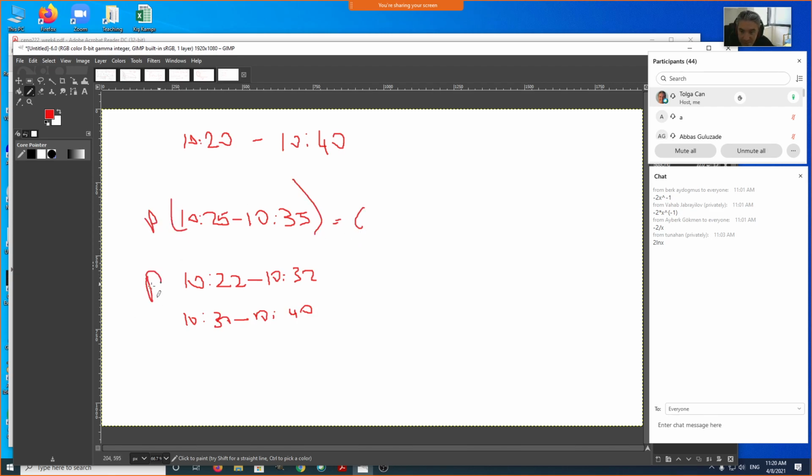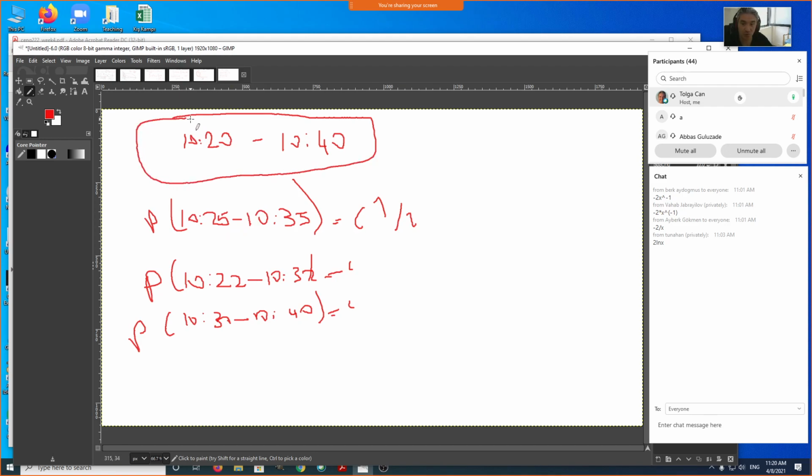If that probability is C, this will be C, this will also be C. Actually, we know that it's going to be 1/2, right? If it's uniformly distributed between these two values, it's exactly half of that interval, 10 minutes out of 20 minutes. If it's equally likely to arrive uniformly in 20 minutes, this one is saying what is the probability that it's going to arrive in this 10 minutes, or in this 10 minutes, or in this 10 minutes.